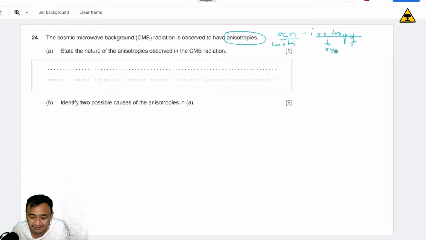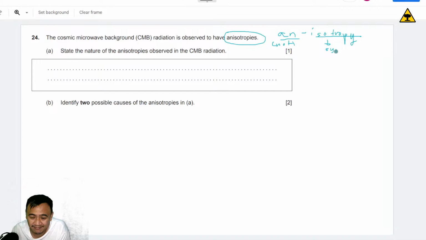Well, it's not exact symmetry like math symmetry, but basically, we can say another word here: evenness. This is a better word. When something is isotropic, it means it's really even all throughout. So anisotropies means there are unevennesses in the cosmic microwave background radiation.